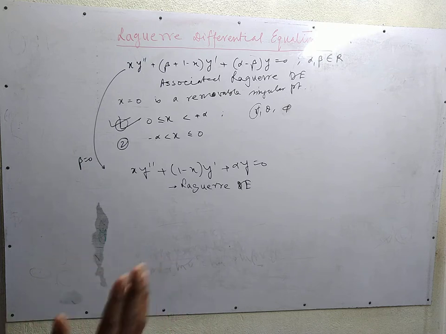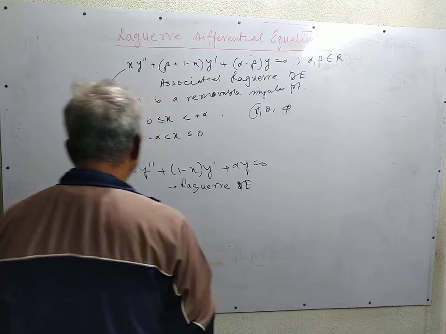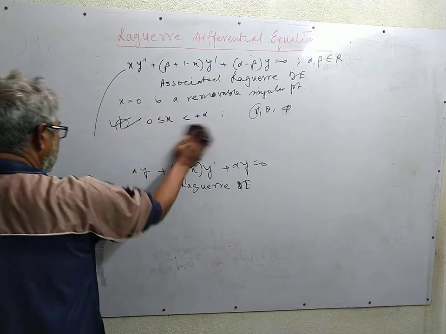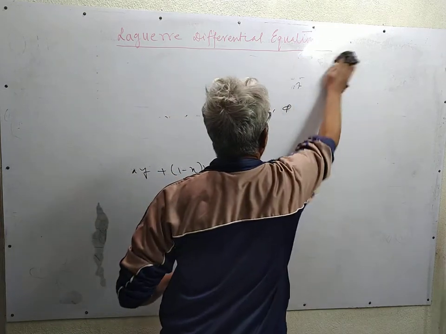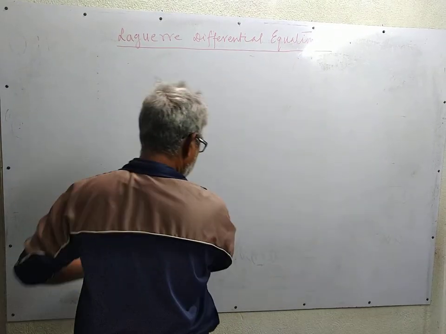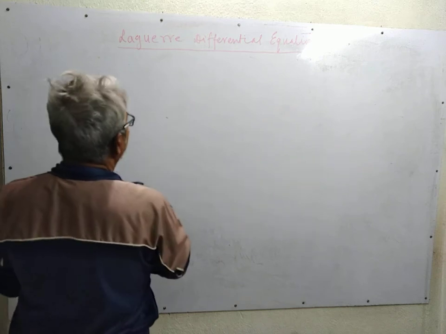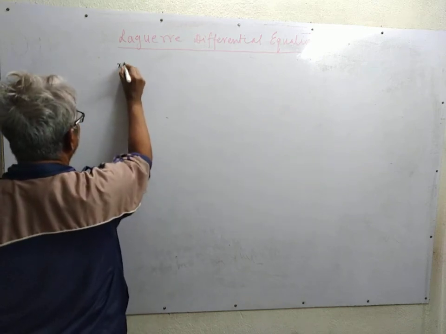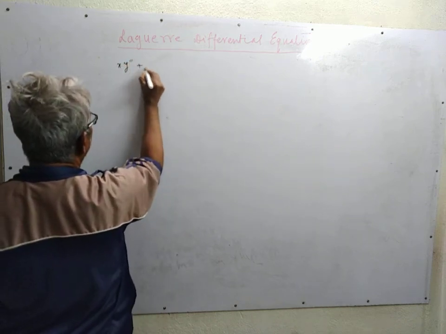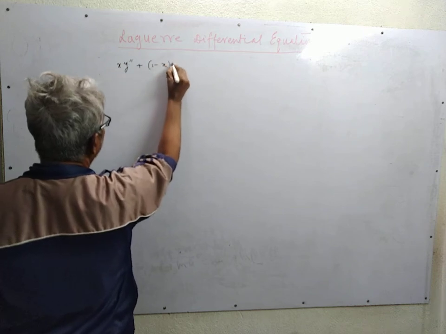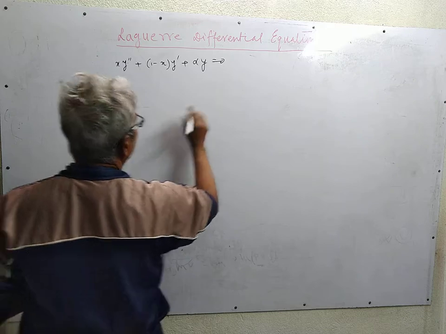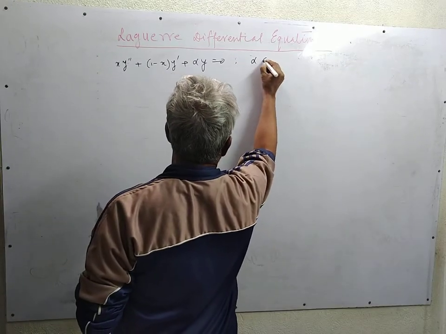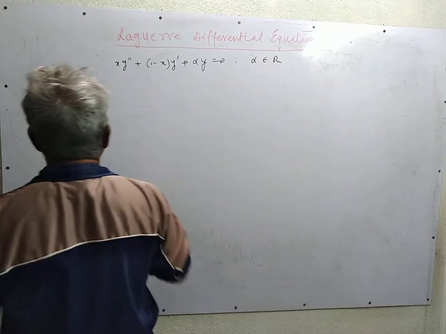So we start with the Laguerre differential equation, which is this, with alpha being any real number.